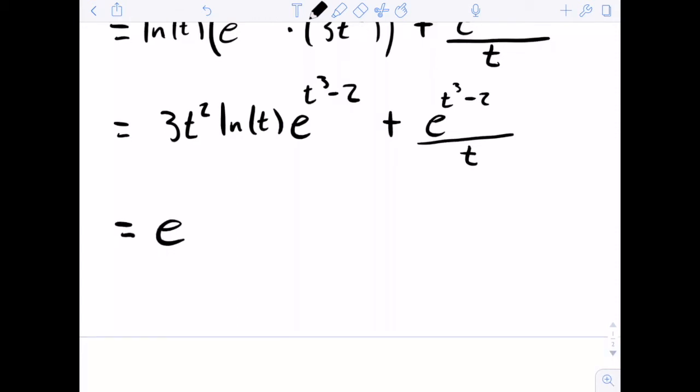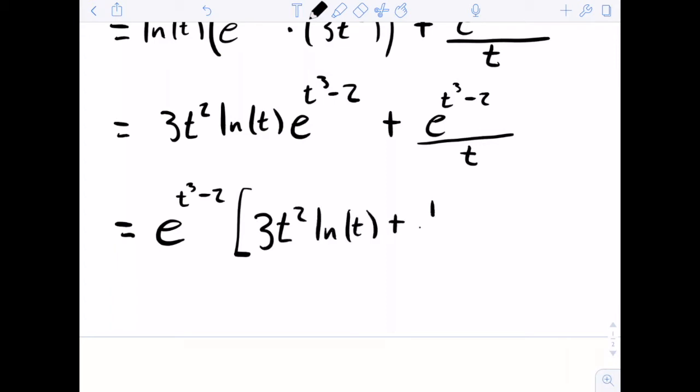So we've got e to the t cubed minus 2, and then that's all being multiplied by 3t squared times the ln of t plus, and then there's a 1 over t there. And then again, just to see that that is correct, you can just distribute that e to the t cubed minus 2 back into each piece and see that you get the line above. But yeah, so that's the derivative of ln of t times e to the t cubed minus 2.